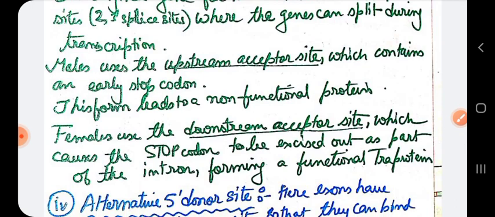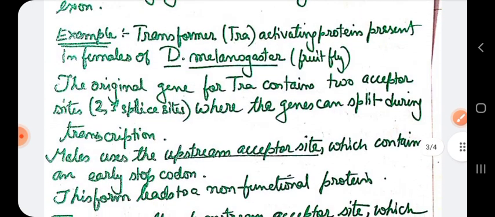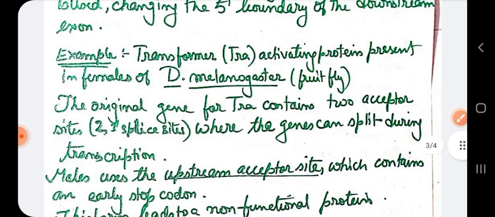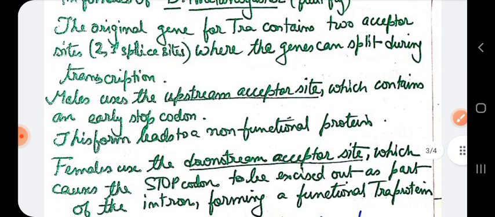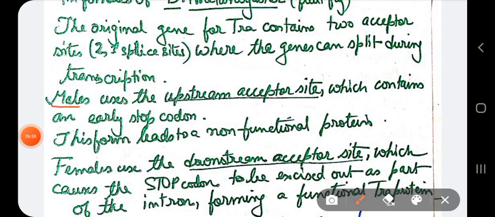Generally, in case of females, the transformer activating protein is found in the females. Normally, male Drosophila uses the upstream acceptor site which contains the early stop codon. So there are two acceptor sites, two different 3 prime splice sites.